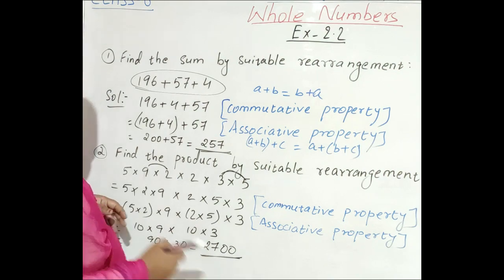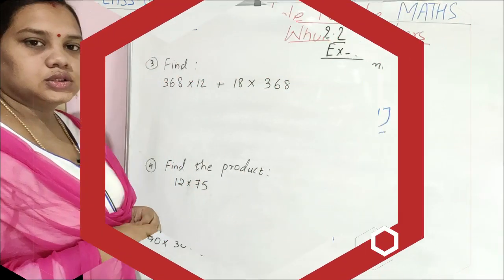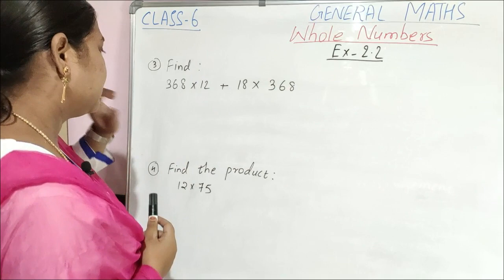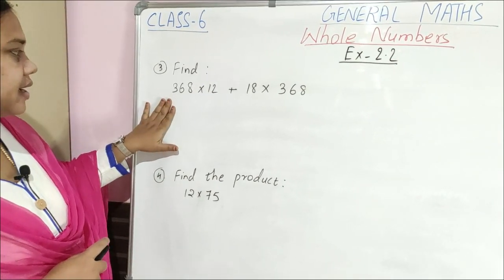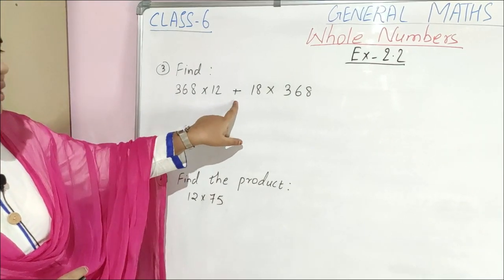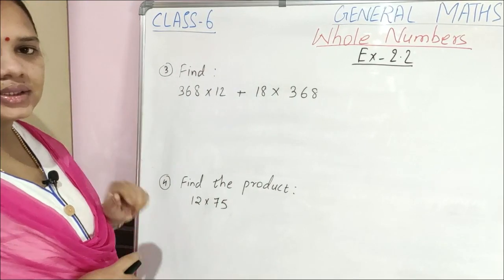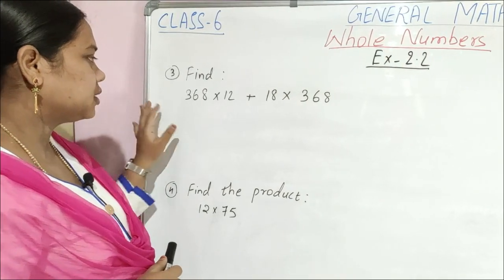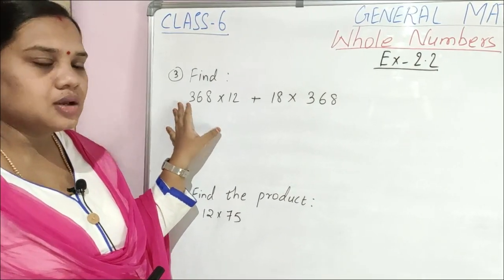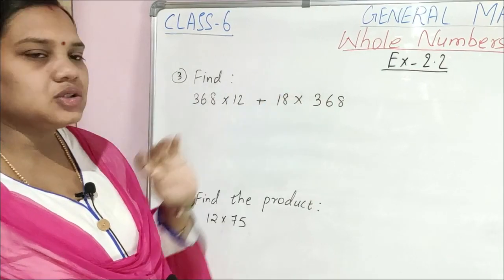So, write down this. So, see children, the next question is find. Here you have to find 368 into 12 plus 18 into 368. Okay. See, once again, observe the question. 368 into 12 plus 18 into 368.